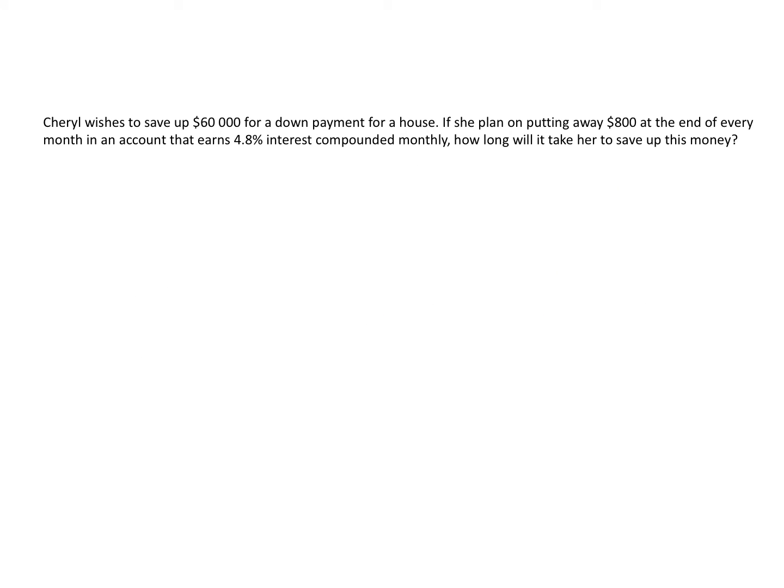Example 3, we have Cheryl wishing to save up some money. So if she's going to put $800 away, how long is it going to take for her money to amass to $60,000? So again, we can calculate I. And then we use our formula for N. Again, make sure you use the right one. There's one for present value and one for future value.